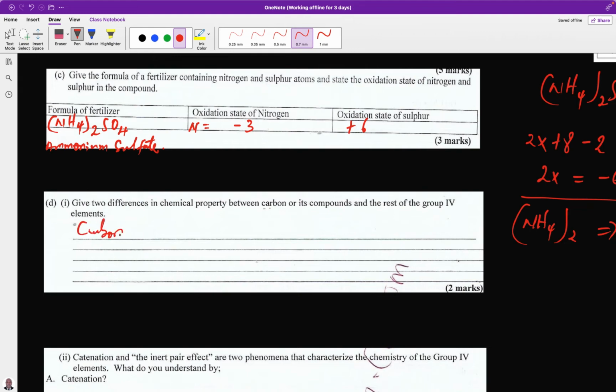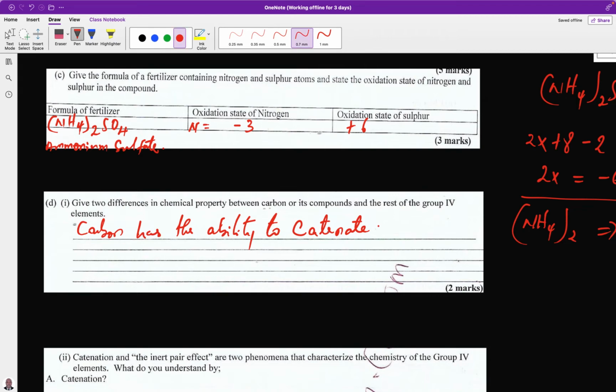Carbon has the ability to catenate, that is, to form chains or rings with itself.